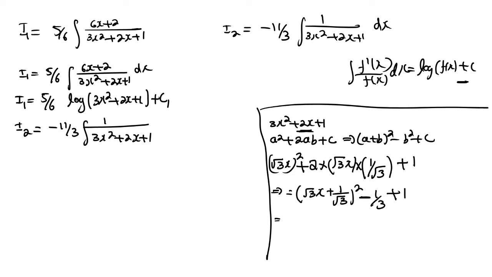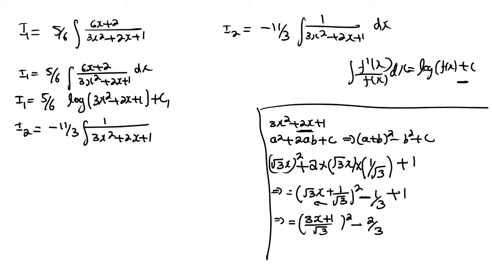This implies it is equal to, cross multiplying root 3 into root 3, which is 3, into x plus 1 divided by root 3 whole square, minus, taking the LCM, minus 1 by 3 plus 1. 3 minus 1, that is 2 divided by 3, right, so minus 2 by 3 is there.